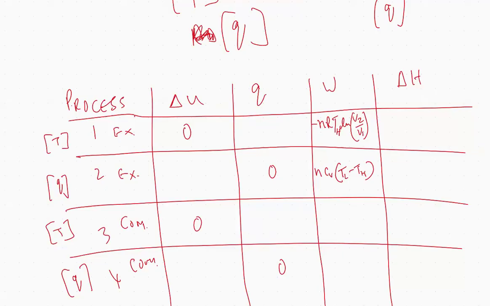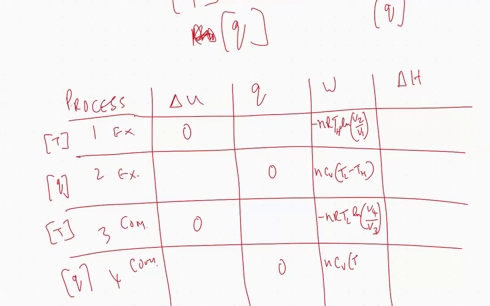Then when it is compressing, this is low: nRT low ln V4 over V3. Then the adiabatic situation, n Cv, they're all the same, with T high now as the final one, because you can see in the last step we go up, right?